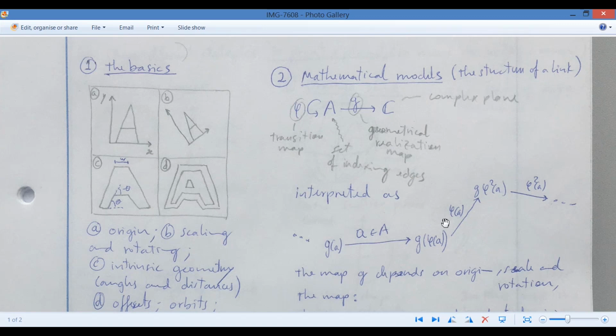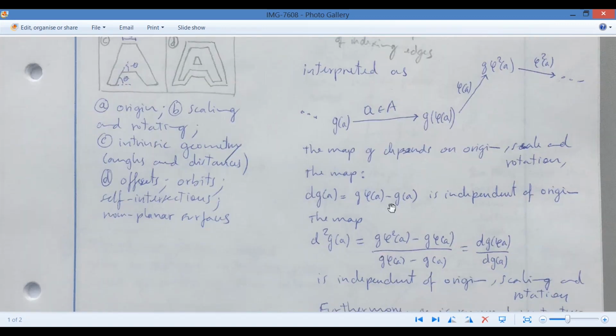As you see, it forms this sequence of lines or edges, but in an abstract sense. It can be interpreted like this, but it's an abstract structure. And then we can perform mathematical tricks on it. We can take the first differential, let us say, with this formula, and this becomes independent of the origin.